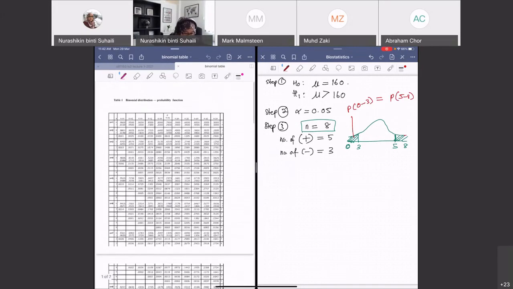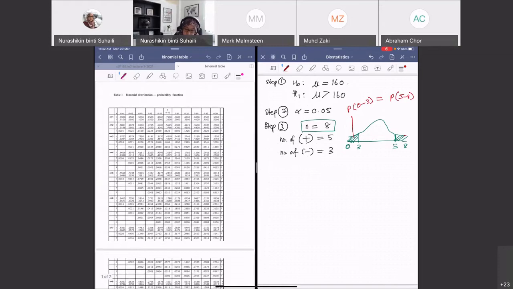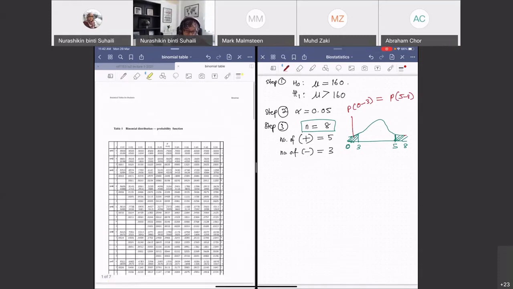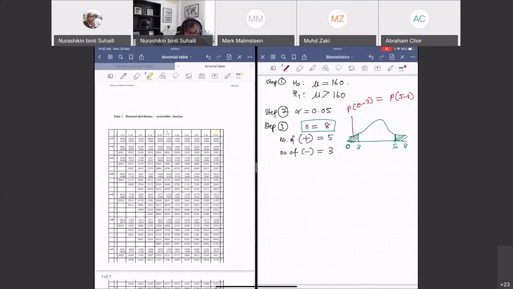So what is n? n is 8, so you have to consider the 8 here. These are the rows that you have to look at. And remember, we only consider the P when it's 0.5.